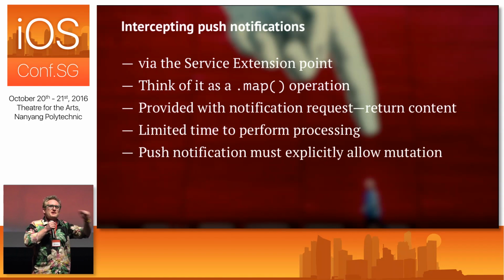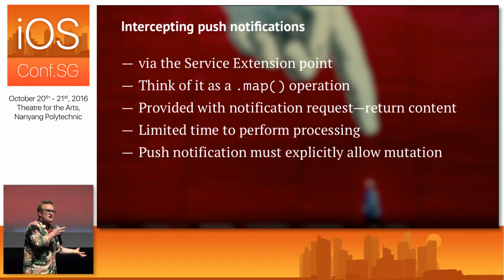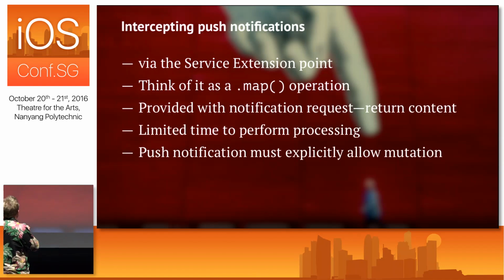So you can imagine your push notifications come in, and you get an opportunity to do something to that push notification before it then gets displayed to the user. You get provided with the notification request, and you have to return the content. Remember that we made the content before with the attachment and all that kind of stuff? You get given the request and you say, I want you to replace the content it came with with this content that I think is better.